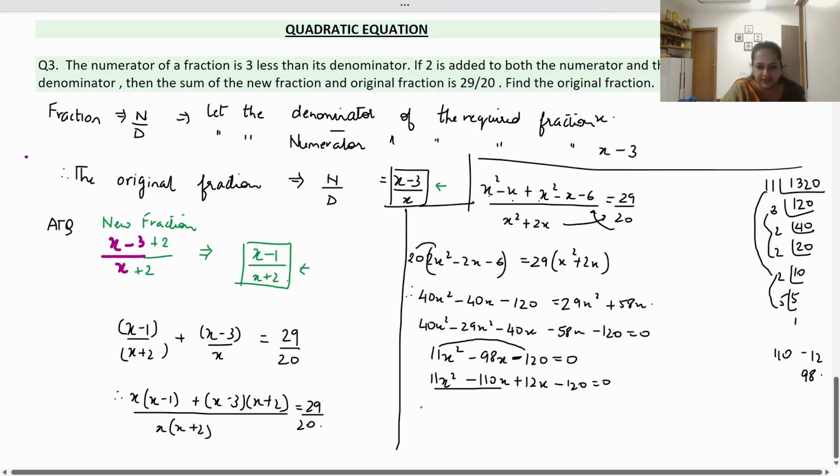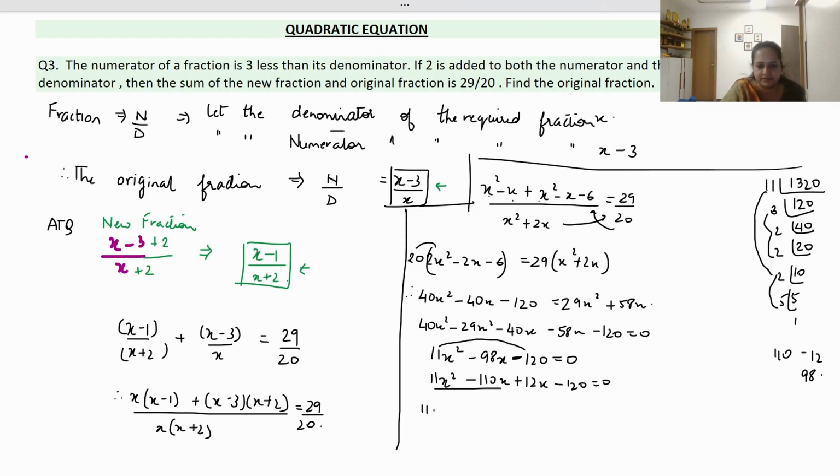From the first two terms, we have 11x coming out common: x minus 10. In the last two terms, we have 12 coming out common: x minus 10. So the factors are x minus 10 times 11x plus 12 equals 0.